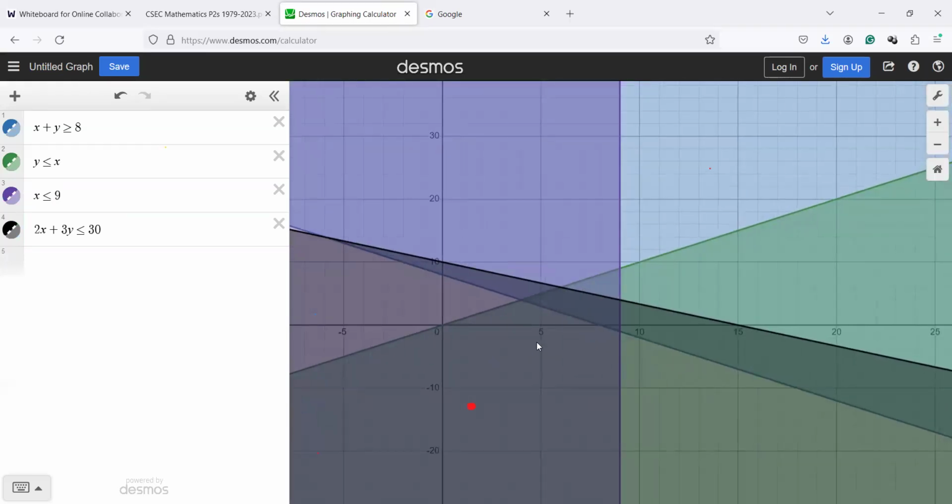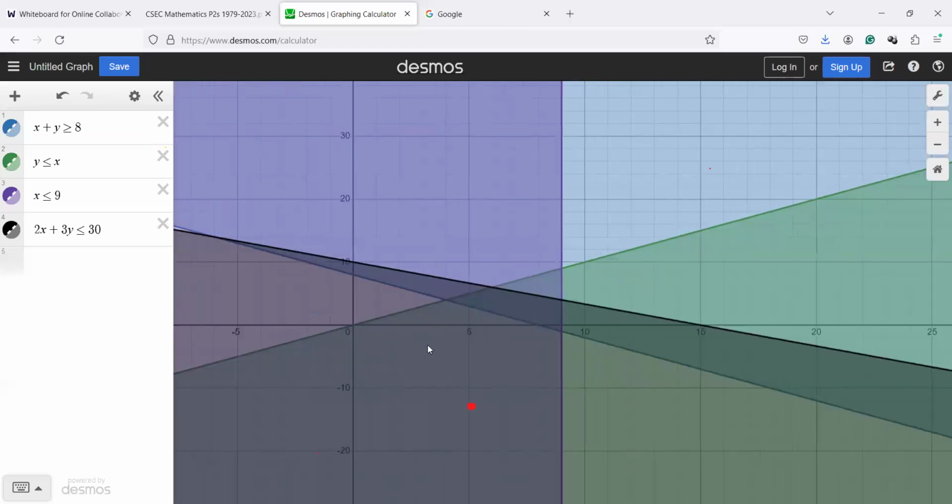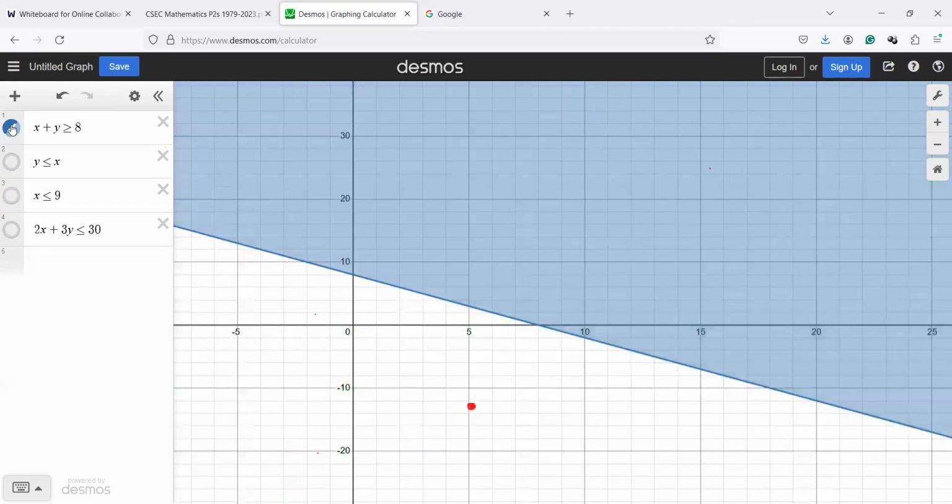Now, I hope you guys can see what's going on here, right? We have all of these lines on our graph, and we need to identify where they overlap properly.